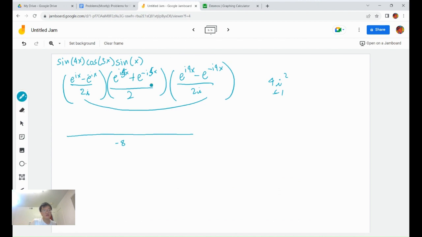And then I can do e^(ix) minus e^(-ix) over here, parentheses over here, and then e^(i5x) plus e^(-i5x), parentheses, e^(i4x) minus e^(-i4x). We can simplify it that way.